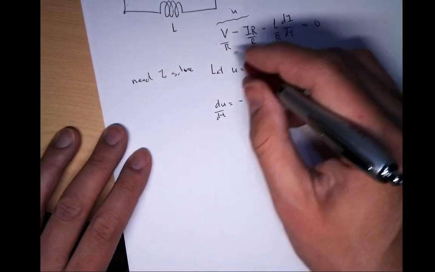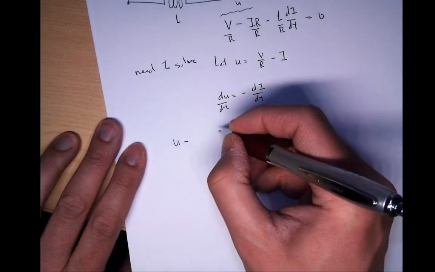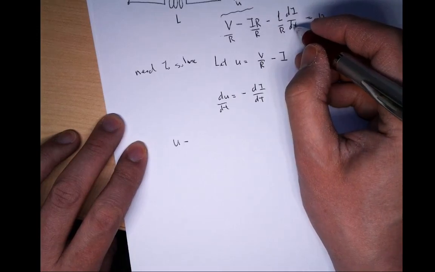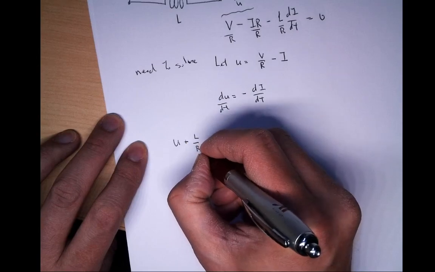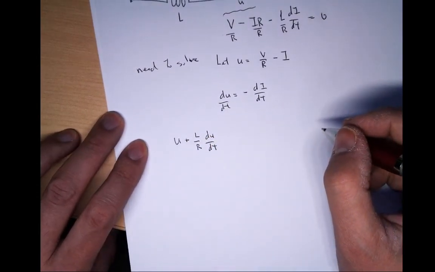Let's work this out. So this is going to be equal to u, and this piece here is just going to be plus L over R du dt.